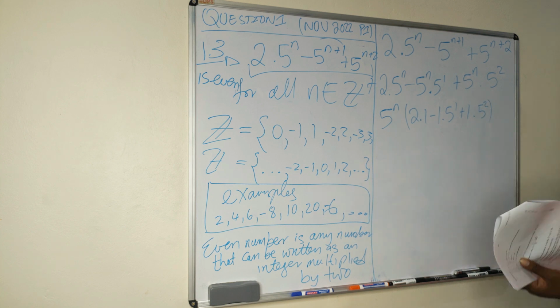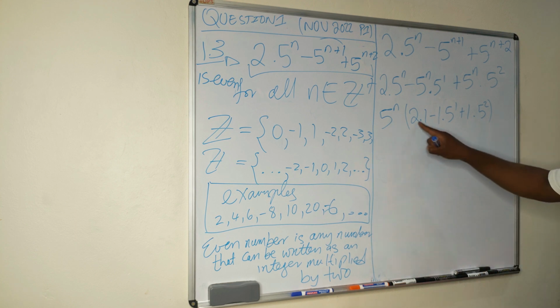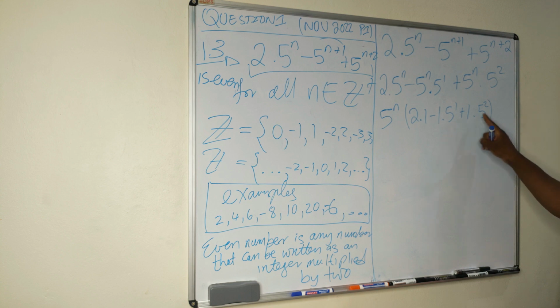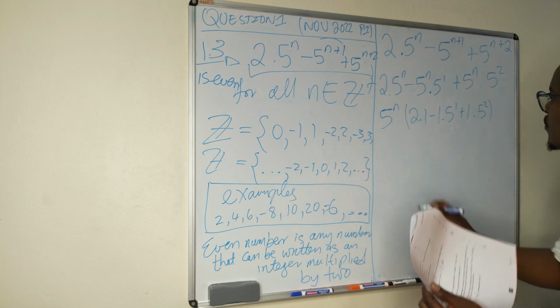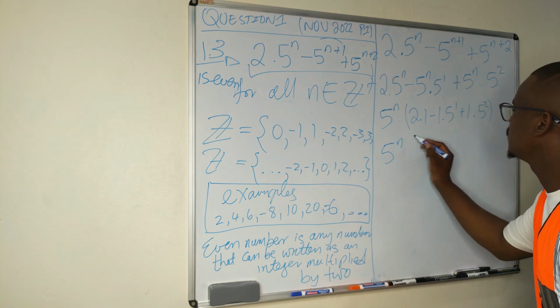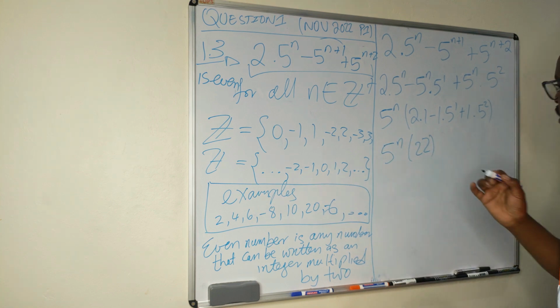You can punch this straight from your calculator. So it's 2 minus 5, which is minus 3, plus 25, which is 22. So we have 5 raised n times 22, right?